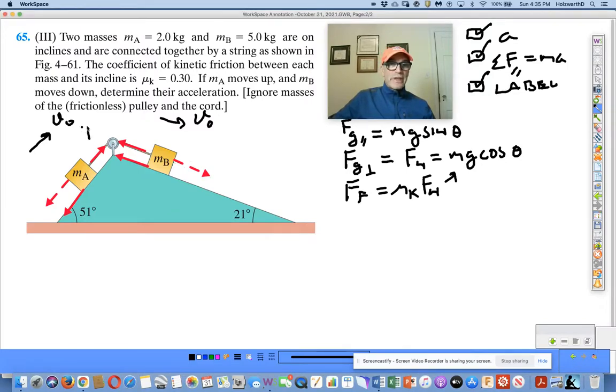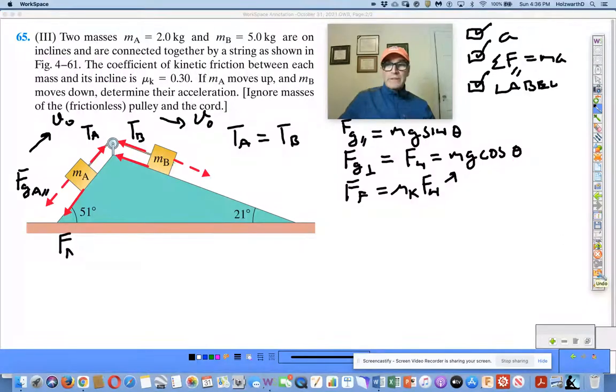So we have the tension in the cord attached to m sub a, and here's the tension in the cord attached to m sub b, Ta and Tb. Oh, and since the pulley is massless and frictionless, Ta is equal to Tb. Here we have the component of gravity on A, parallel. We have the force of friction between m sub a and the surface, so we'll call it F sub Fa.